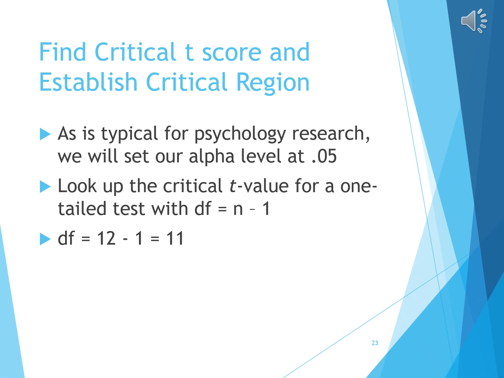So we're going to look up a critical t-value for a one-tailed test with degrees of freedom of n minus 1. Remember, for a one-sample t-test, degrees of freedom is n minus 1. Since we had 12 people in our sample, minus 1, we're looking at a degrees of freedom of 11.